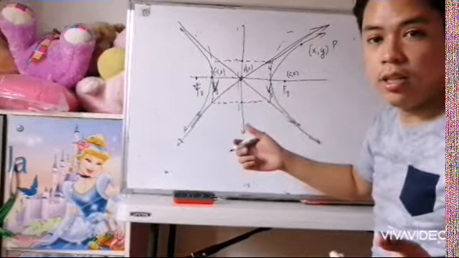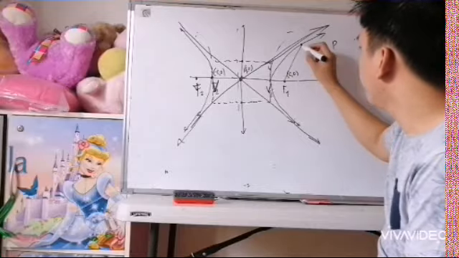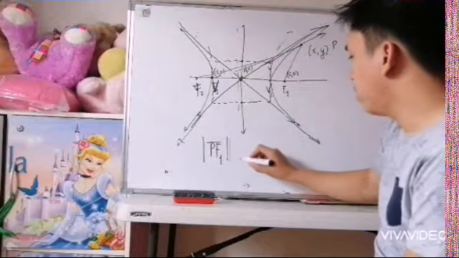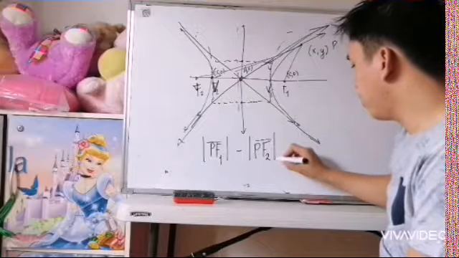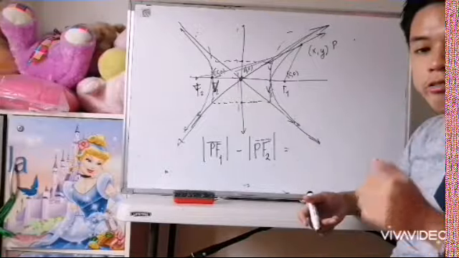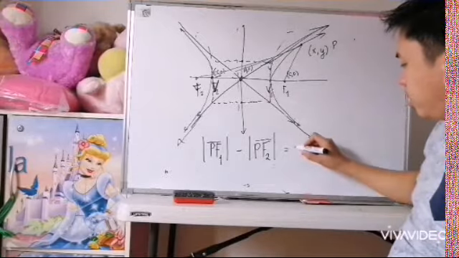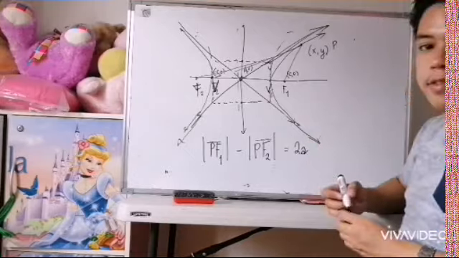If you take the distance here, and here to there, oh, I'm sorry, should be there. So let's say PF1 minus PF2 should be the measure of the line segment connecting the major axis.